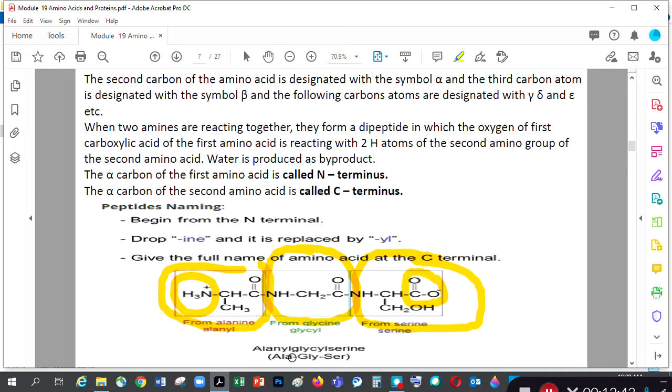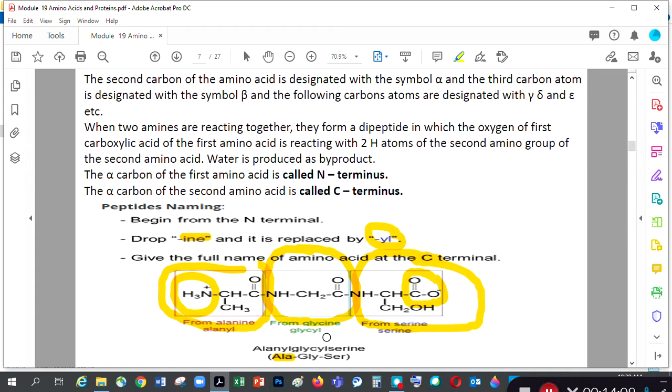To name it in the chain, I take the INE out and replace it with YL, to connect it to the following one.